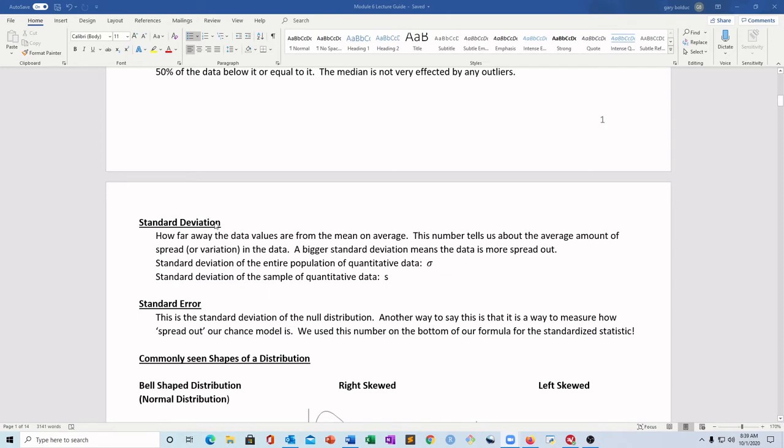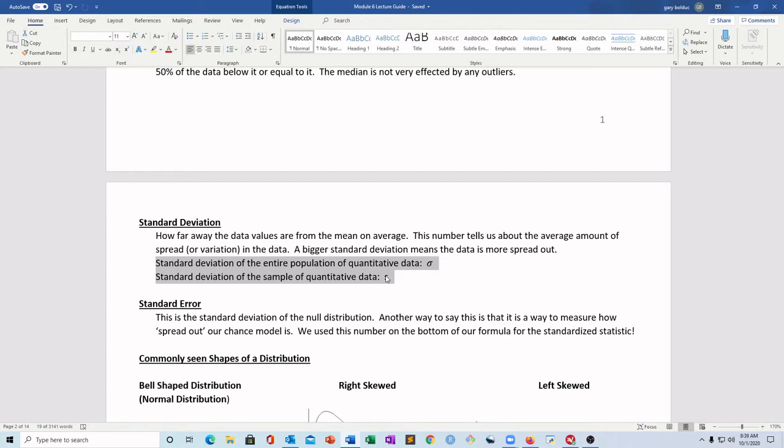So we've seen standard deviation already: how far away the data values are from the mean, what's the spread. What we haven't seen is the notation here. We have seen little s, that's the sample standard deviation. But if you have quantitative data, then your population also has a standard deviation. Because with quantitative data you've got numbers, what can we do with numbers?